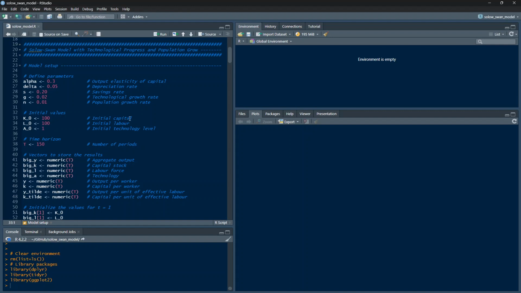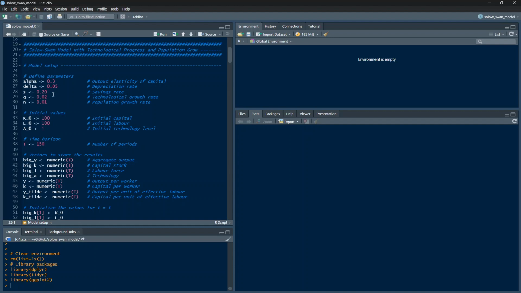Now, we have to define some initial values for the simulation to work, but it doesn't really matter what these are. So we're just going to arbitrarily define our initial capital stock and our initial labor stock as 100 each, and then we're going to define our initial technology level as 1.